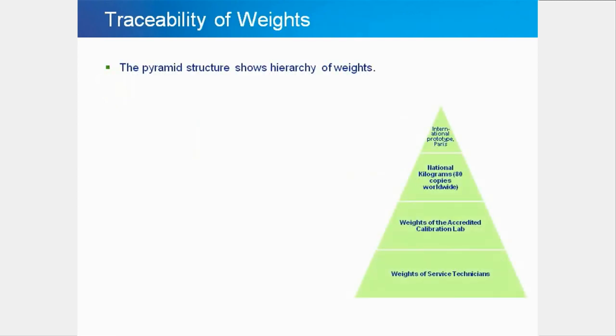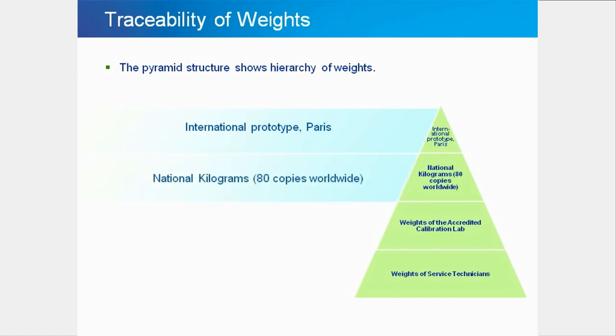There is a hierarchy in the weights. The pyramid structure on the screen shows the hierarchy of weights. The first level on the top is the primary kilo prototype in Paris at OIML. It serves as a reference for all national kilogram pieces. In the next level are the national kilograms, which have 80 national copies worldwide.